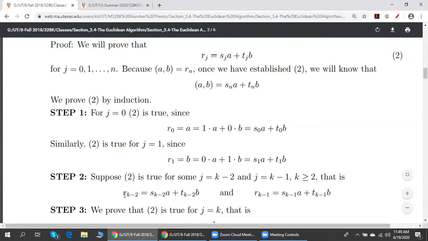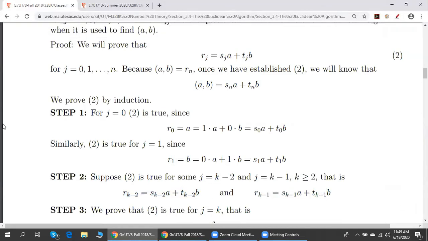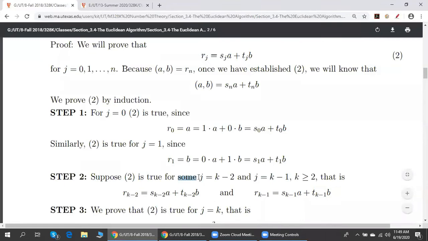That is, suppose this and this. Once again, we can safely suppose this, because indeed, for example, for k is equal to 2, this is true and this is true, thanks to this and this.